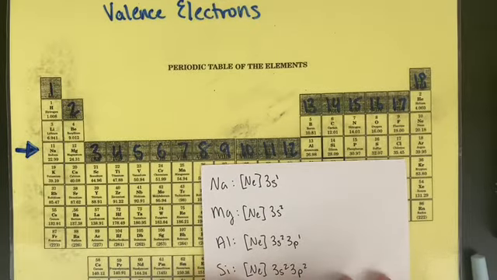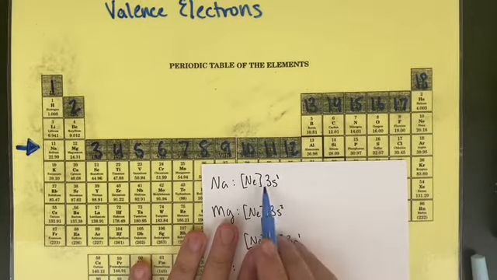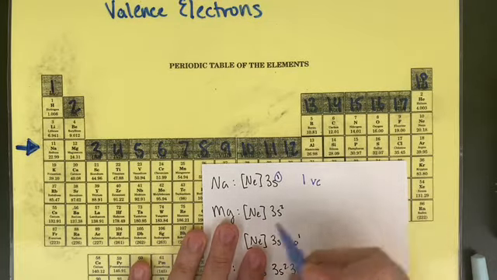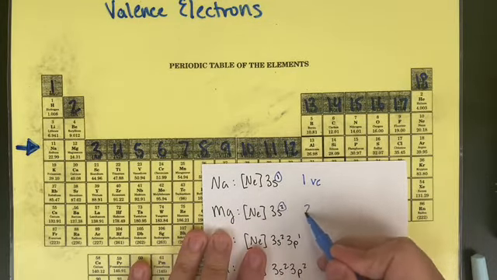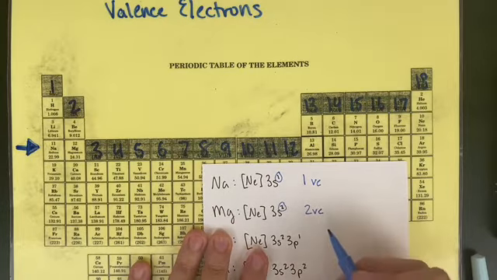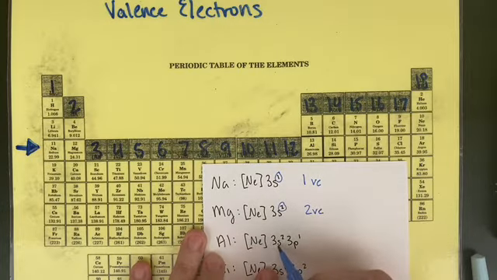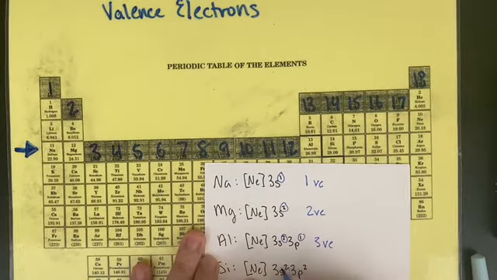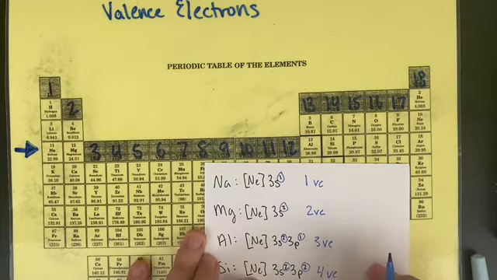Let's use these to figure out our valence electrons. So sodium would have 1 valence electron, magnesium would have 2 valence electrons, aluminum would have 3 valence electrons, and silicon would have 4 valence electrons.